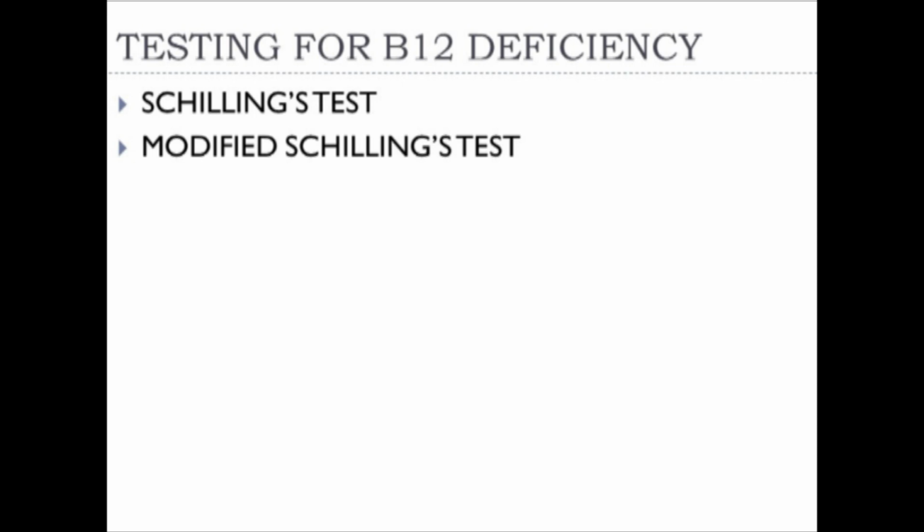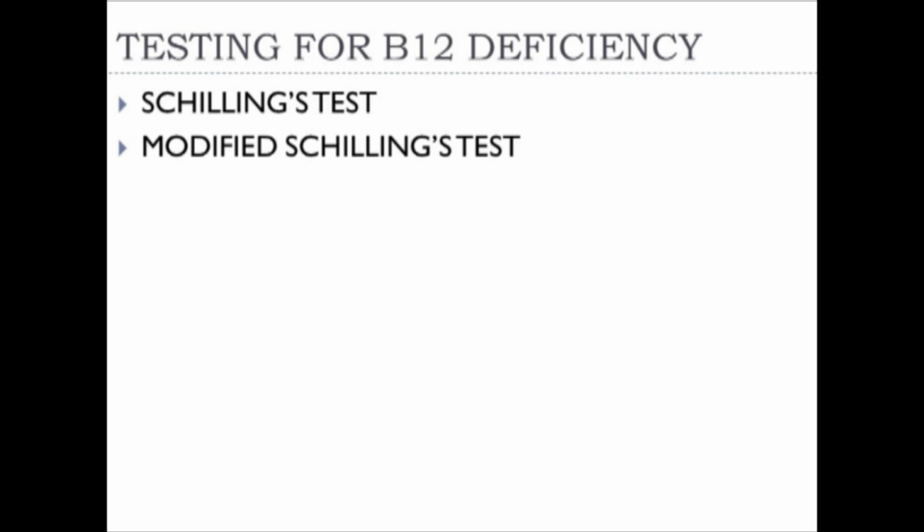Well, in a state of deficiency, in other words, of B12 deficiency, more of the radio-labeled B12 will be absorbed because the body needs it. In a state where the body doesn't require B12, then not as much will actually be absorbed. So then, if the amount excreted is abnormally low, then the second stage will be implemented.